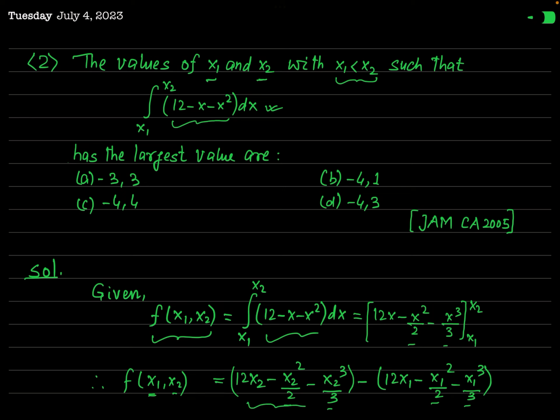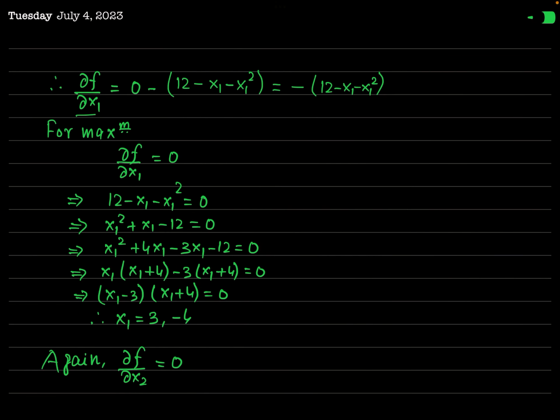Since x2 has been taken as constant, the derivative of this first factor, 12x2 minus x2 squared by 2 minus x2 cubed by 3, will be 0. And only the second factor will be differentiated, and that will be equal to what? That will be 12 minus x1 minus x1 squared. So del f by del x1 is minus (12 - x1 - x1 squared).